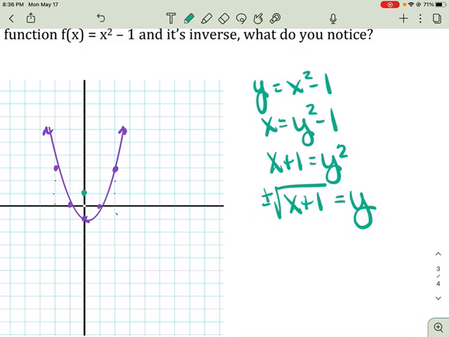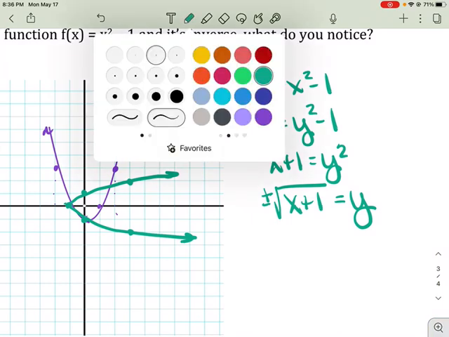So when I put in 0, I get positive and negative 1. Notice that it's not a function. There we go. That's not too bad. So we can see it does not pass the vertical line test.